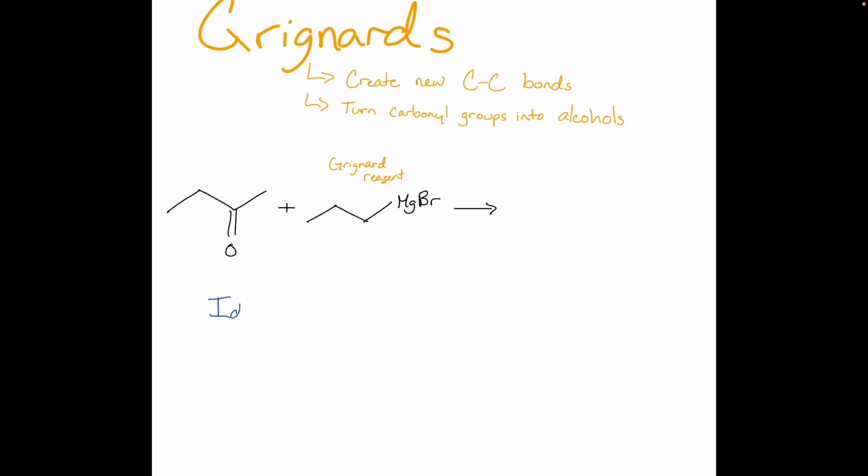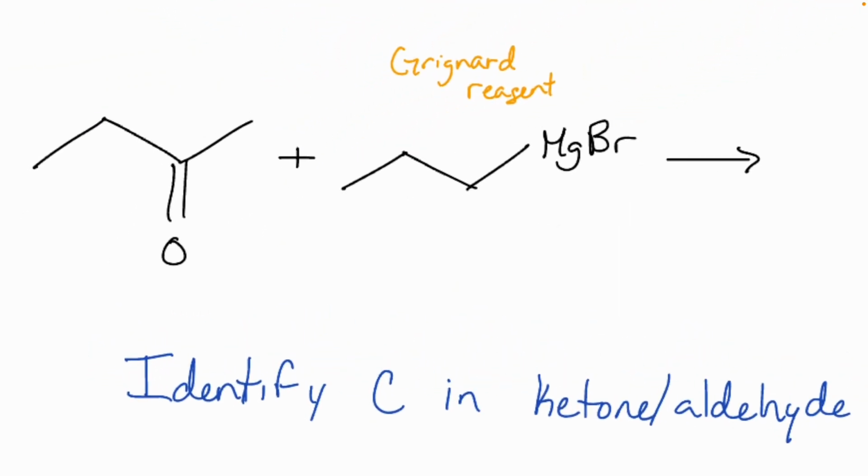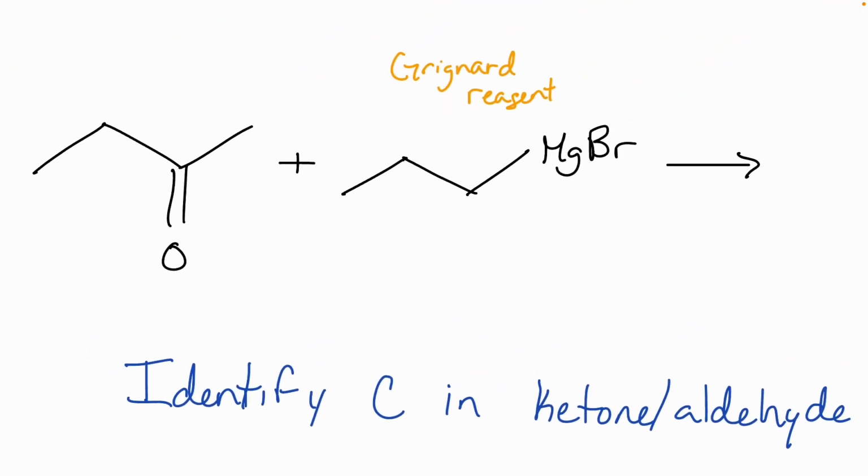So identify the carbon in our ketone or aldehyde that has the new bond. Which carbon is that in this case, where it's a ketone, where I'm going to draw my new carbon-carbon bond?